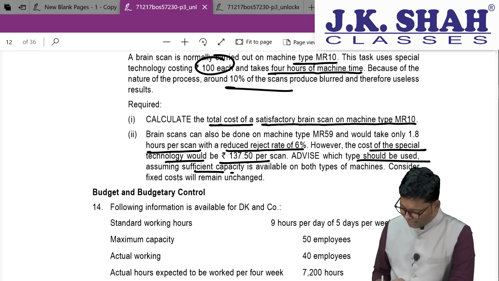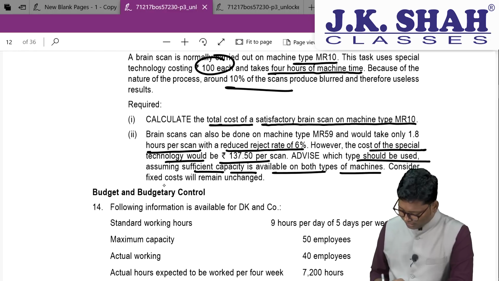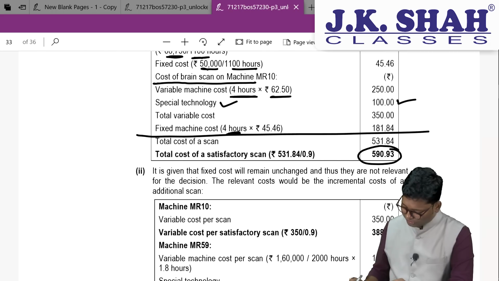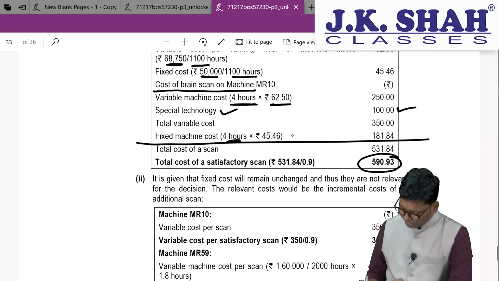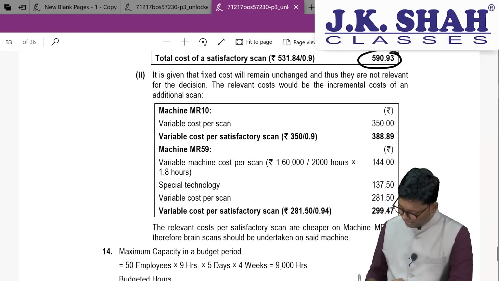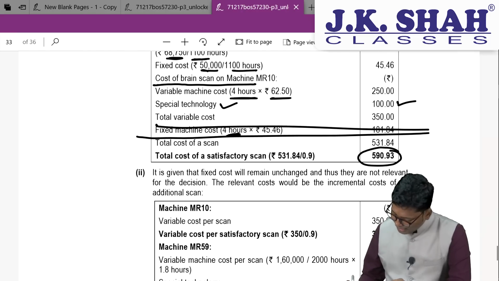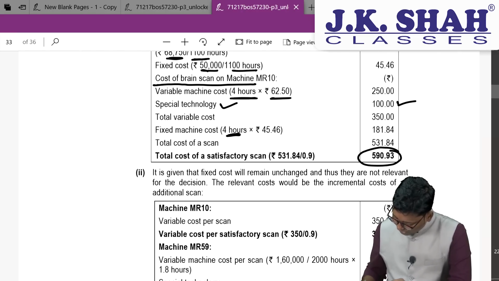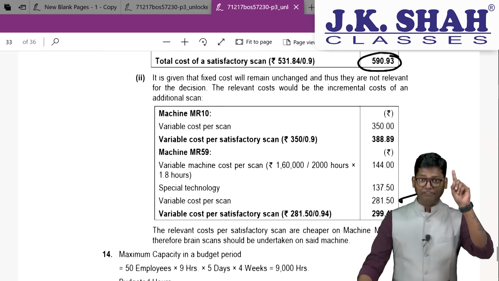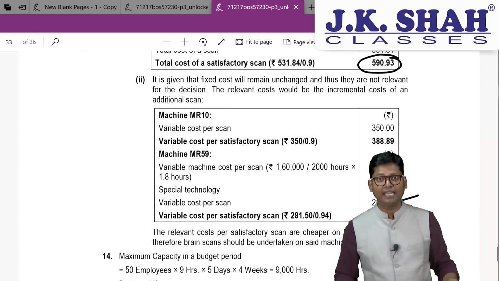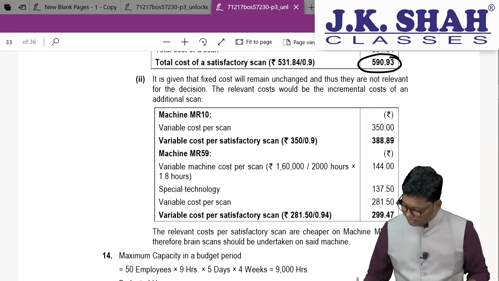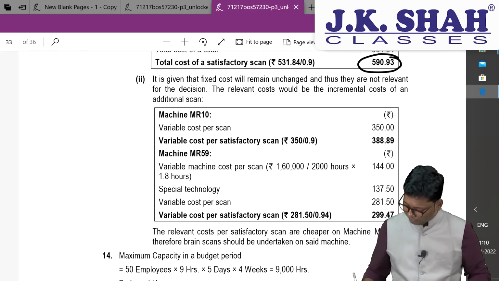Assuming sufficient capacity is available on both machines, consider that fixed cost will remain unchanged. If you check the fixed cost which we have computed here, 181.84 is taken, and the same amount of fixed cost is considered. Here a revised calculation is available, and you can see comparable values are taken for decision making.